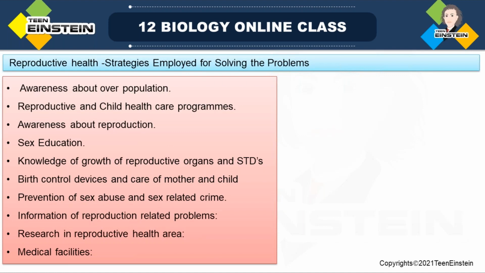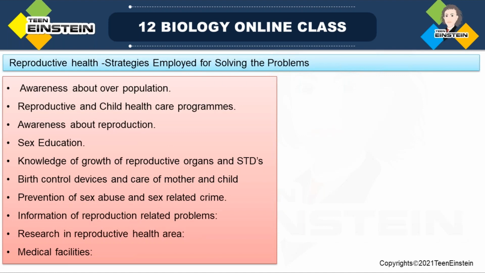So sex education should be introduced in schools, and we should encourage providing right information through a proper channel. That may clear so many doubts in children of that particular age.